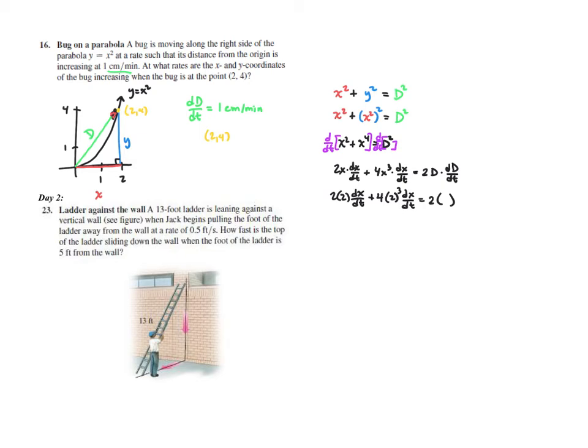So I got to do a little work here to find that length D. Using the Pythagorean theorem, I can clearly see that if I had legs of 2 and 4, this would end up being the square root of 20, which I could write as 2 root 5. So D would equal 2 root 5, and dD/dt I was given right here is 1.